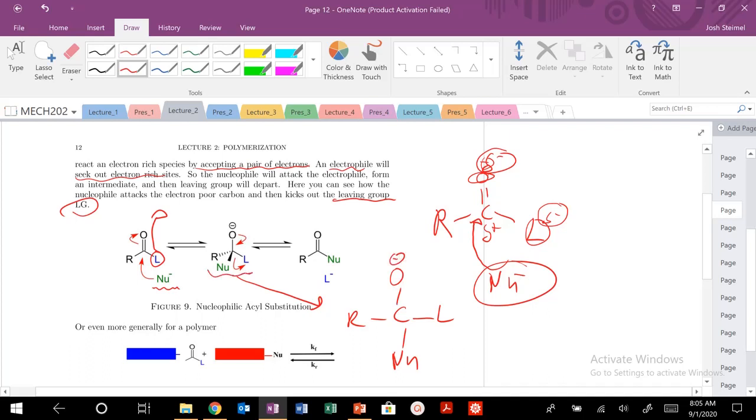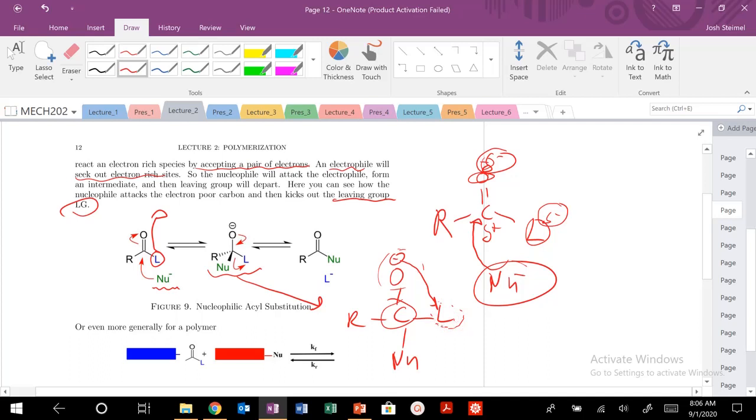This is an intermediate step, and it is obviously not stable. This is not a favorable configuration, so the electron is donated, and there's an additional nucleophilic step here. Now this is our nucleophile, and this is our electron-poor species.